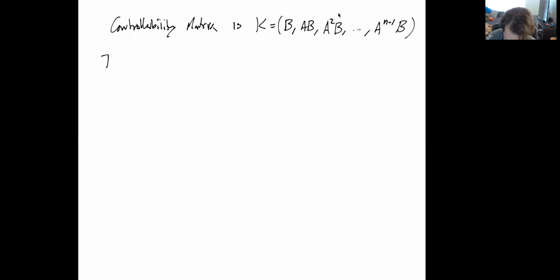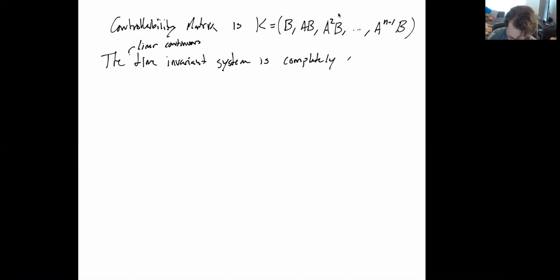Then the time invariant system, say linear continuous time, just to cover all our bases there, is completely controllable if and only if the rank of K is equal to the size of the system N, is equal to N.